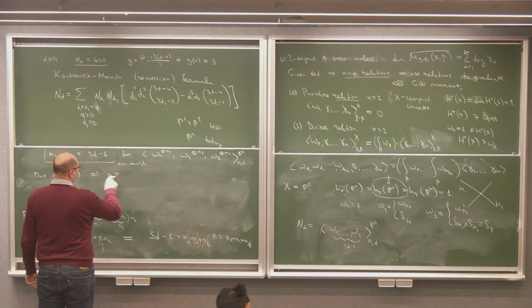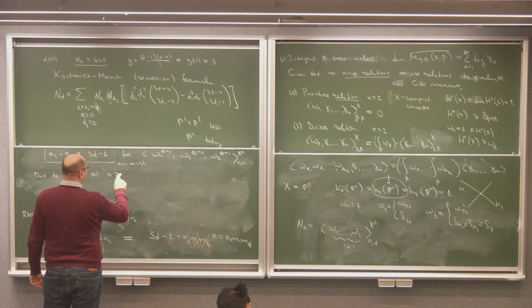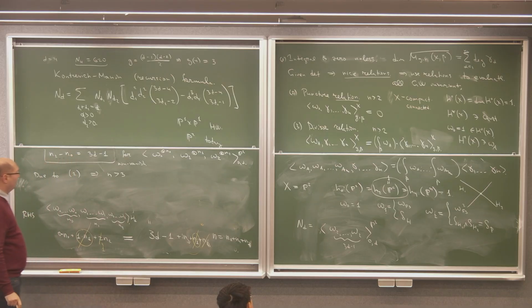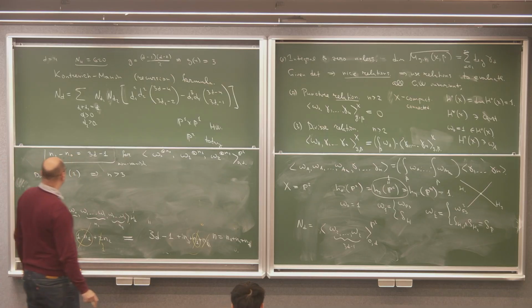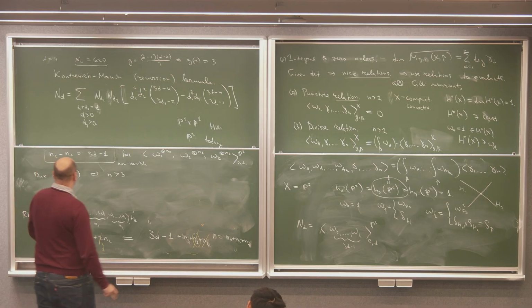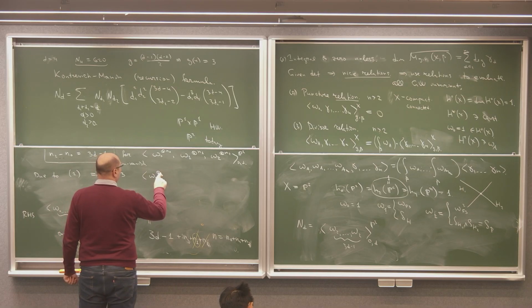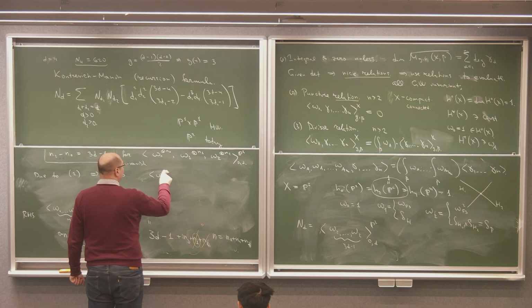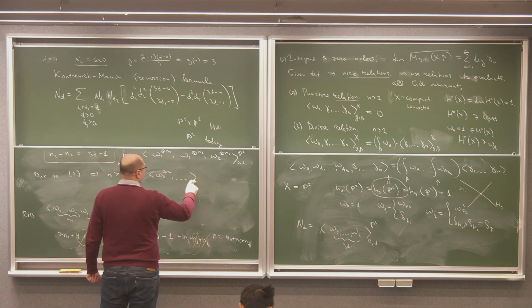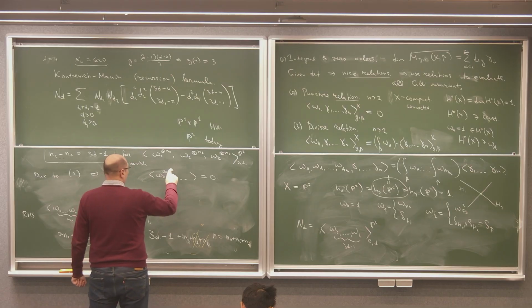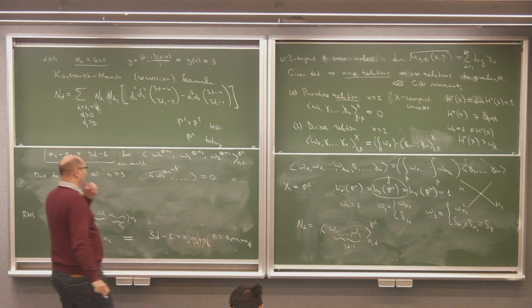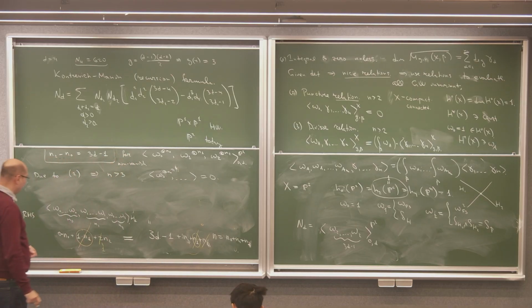If the total n is bigger than 3, so 4 or higher, then an insertion of omega 0 will give us a 0 answer.